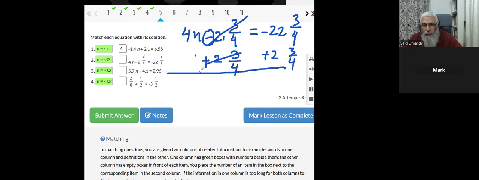This will cancel out. So 4n equals negative 22 plus 2, and 3 over 4 minus 3 over 4. We subtract and we put the sign of the greater number, correct? Yes. Adding a negative and a positive number, subtract and put the sign of the greater number, which is negative.